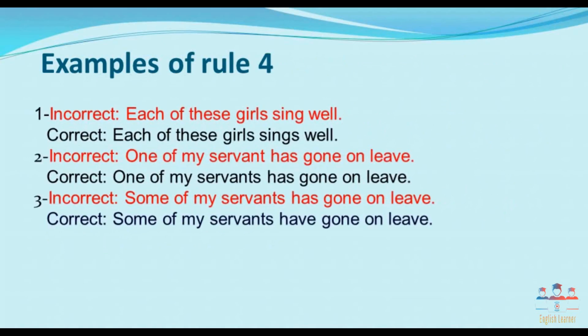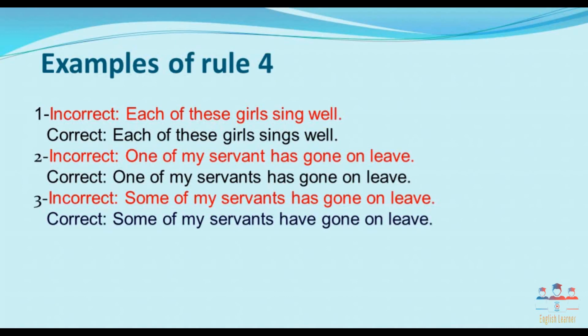Here we have the examples of rule number 4. Number 1: each of these girls sang well. The same example I took from the previous one. It is better to say, each of these girls sings well. Next is number 2: one of my servant has gone on leave.